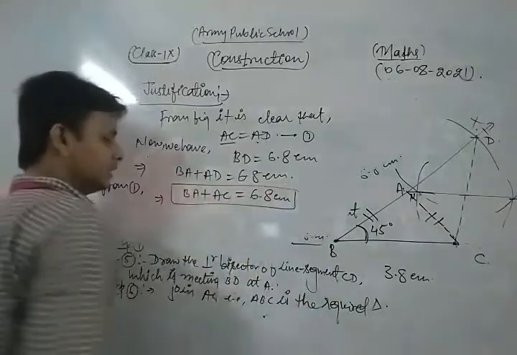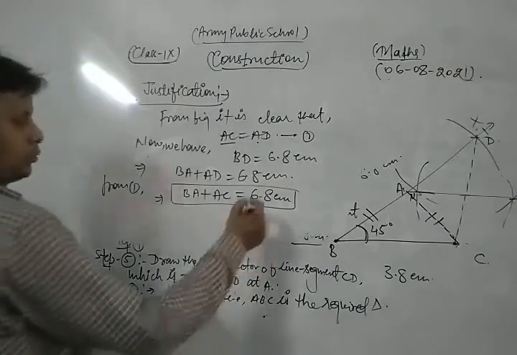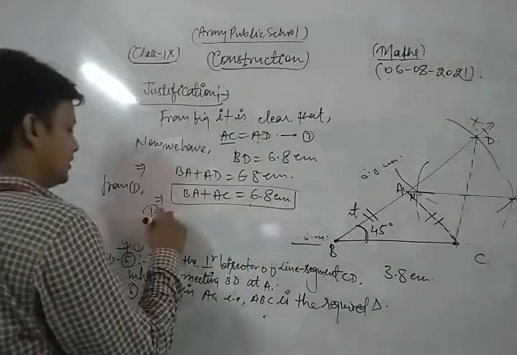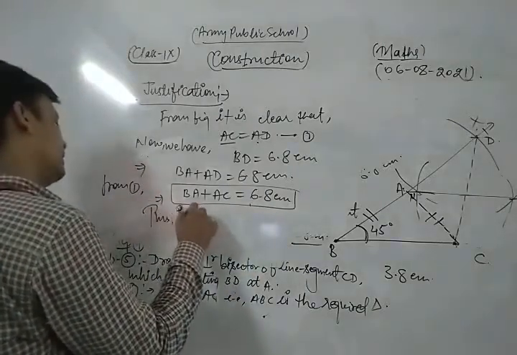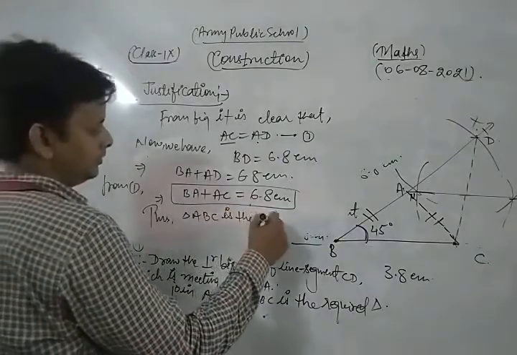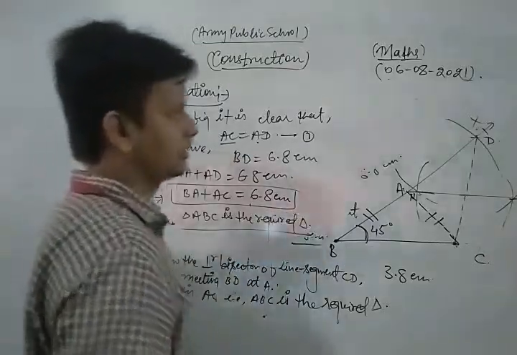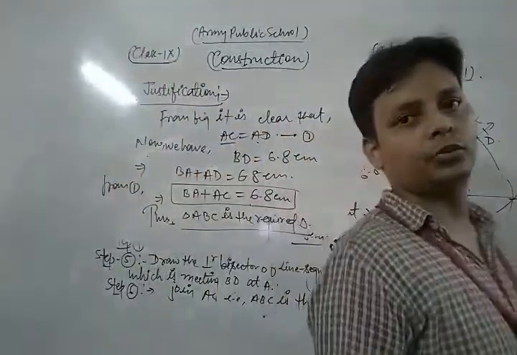Hence we can say that the sum of the other two sides is 6.8 centimeter. Thus triangle ABC is the required triangle.